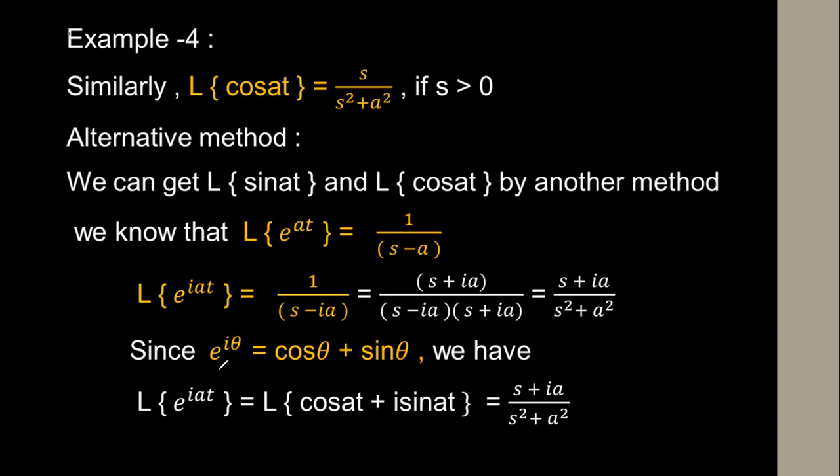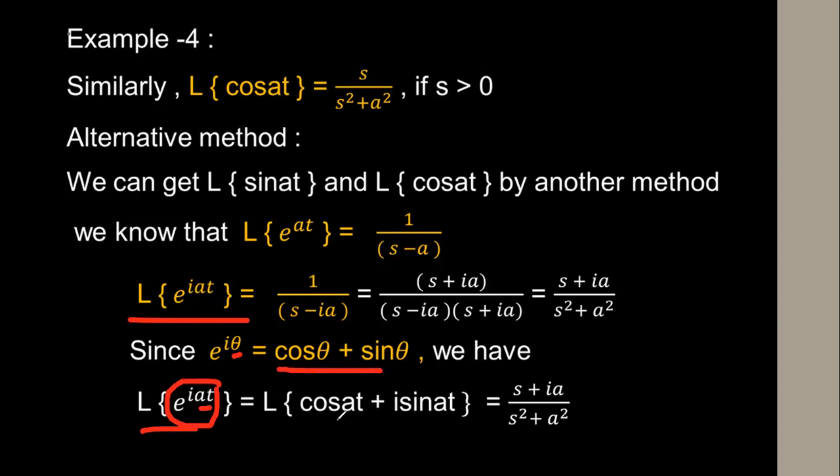the basic formula of the exponential: e power i theta is equal to cos theta plus i sin theta. So here also, Laplace transform e power iat can be represented with at in place of theta. We can convert this e power iat in terms of cos and sin.